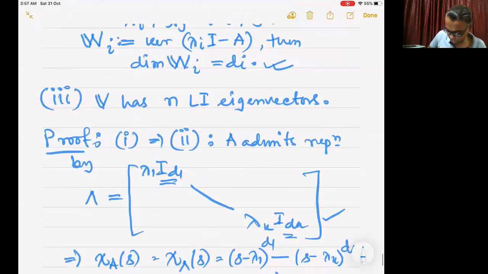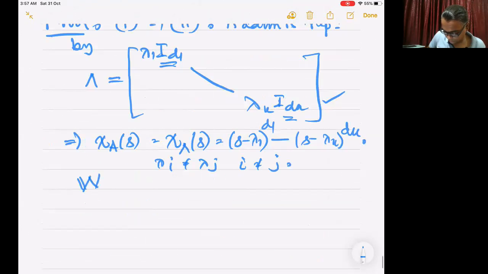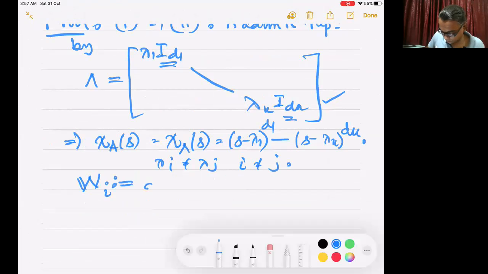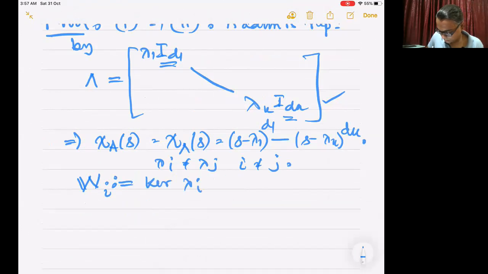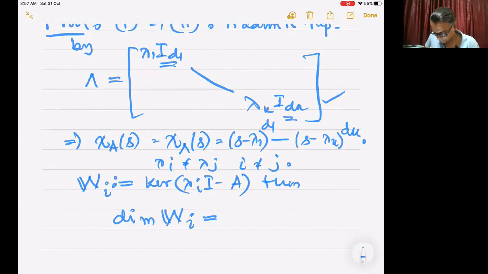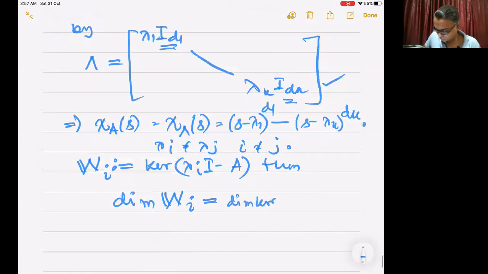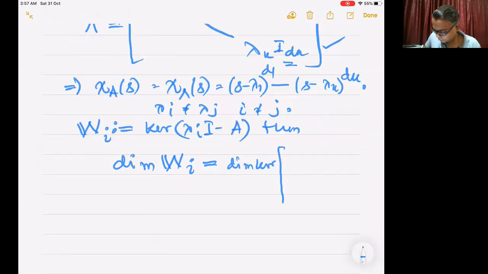Okay, and from here, by your immediate attention problem, it also follows that Wi, defined as the kernel (null space) of lambda I identity minus A, has a dimension equal to the dimension of the kernel of a matrix that will look like lambda I minus lambda 1 into ID1, and so on up to lambda I minus lambda k into IDk.